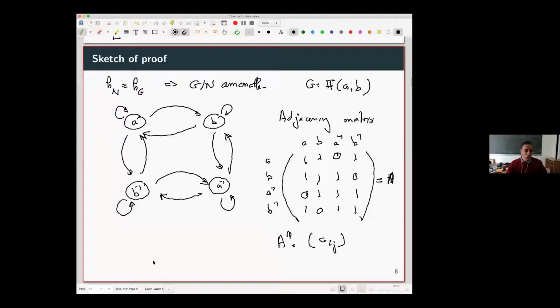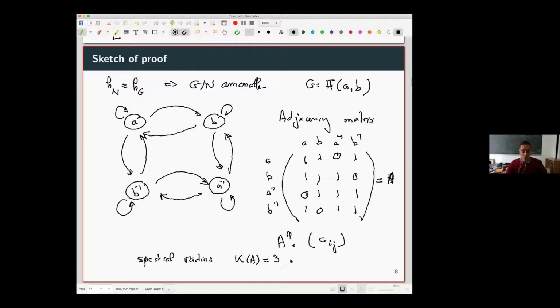If you reformulate, the spectral radius here is just the largest eigenvalue of this matrix. It's 3, and it's easy to see that (1, 1, 1, 1) is the eigenvector for this eigenvalue.